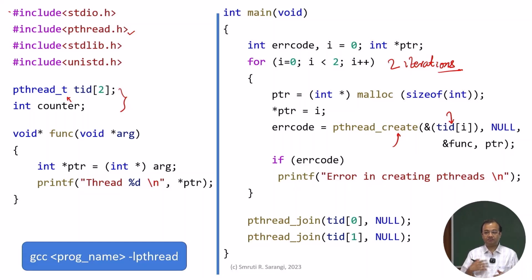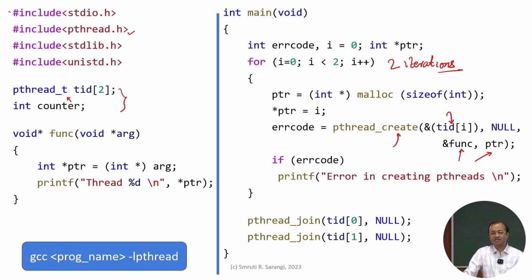So what you pass to pthread_create is a function pointer and an argument. The argument has to be sent as void star, so I'm sending an int star, which will internally be typecast into a void star, because anything can be typecast into a void star.